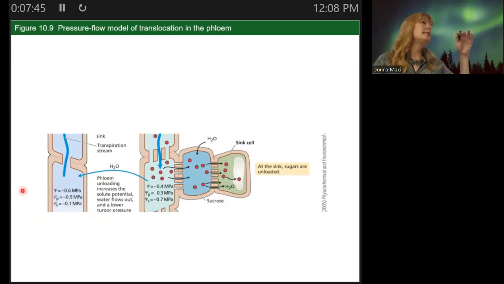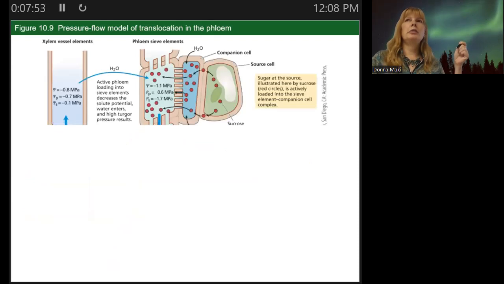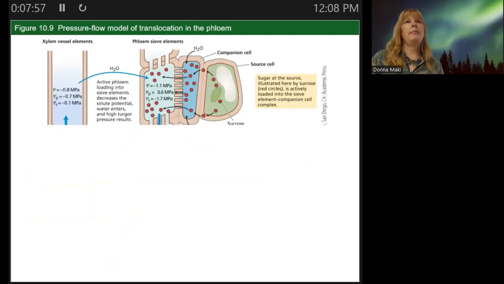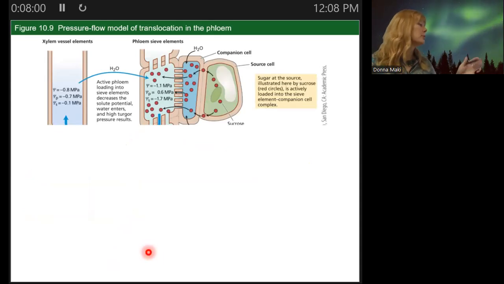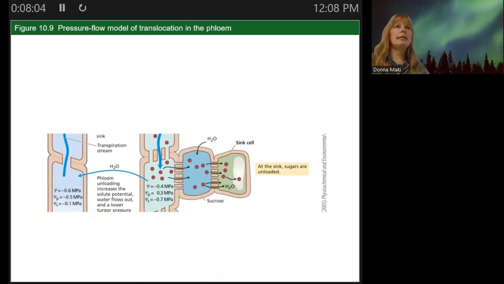So that creates a lower pressure in the sieve tube element compared to the pressure buildup in the source, in that same sieve tube element highway system. So you have high pressure at the source, lower pressure at the sink within that same sieve tube element route.